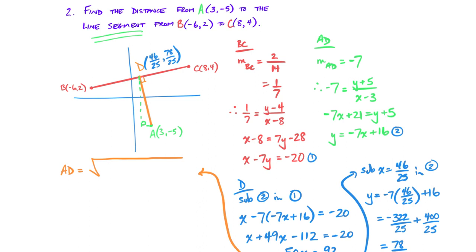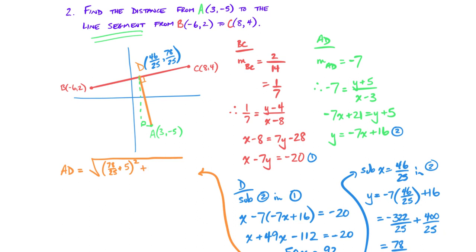Okay, my vertical distance is going to have to be from 78/25 all the way down to -5, which means I need to take that distance of 78/25 and add on down to 5.